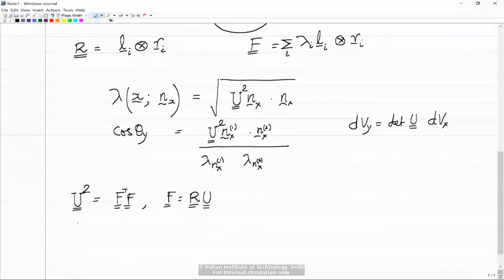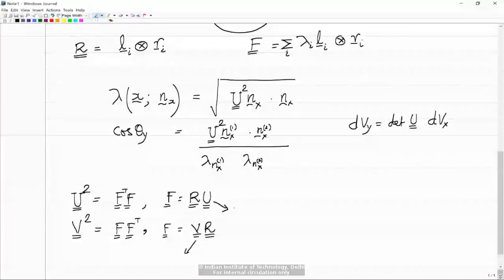And similarly, you can show that v square is f f transpose, where the decomposition is the following. In this decomposition, u is coming on the right, it's r times u, whereas here v is on the left.